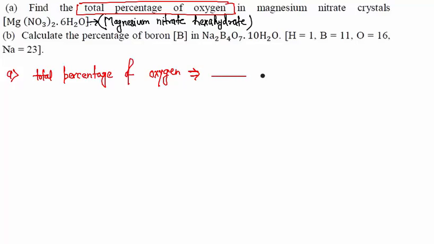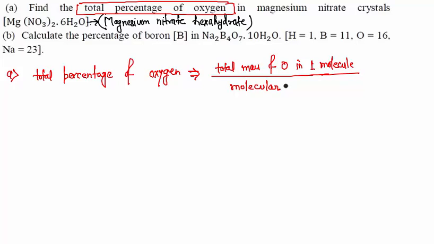You have to find the total mass of oxygen in one molecule of that particular compound, upon molecular mass, and because it is percentage, into 100.